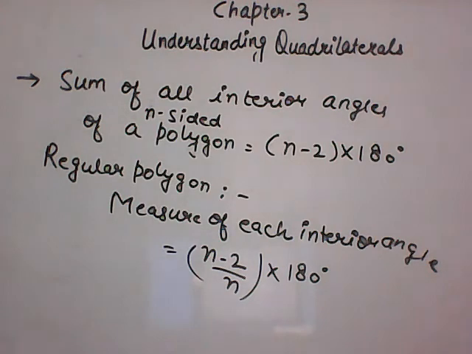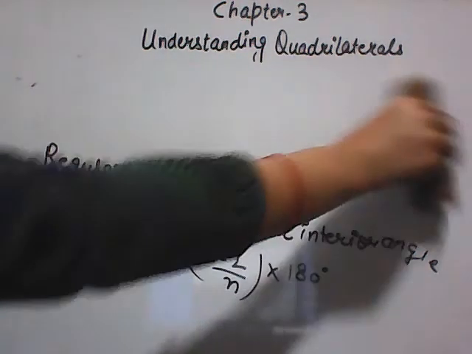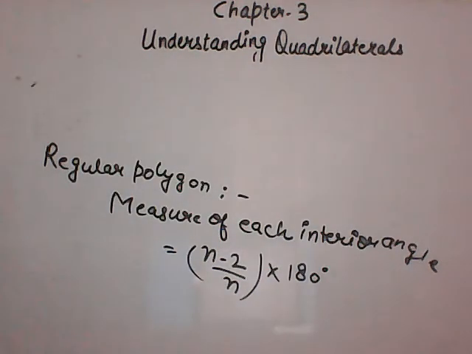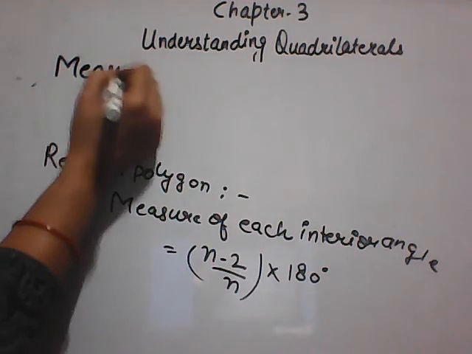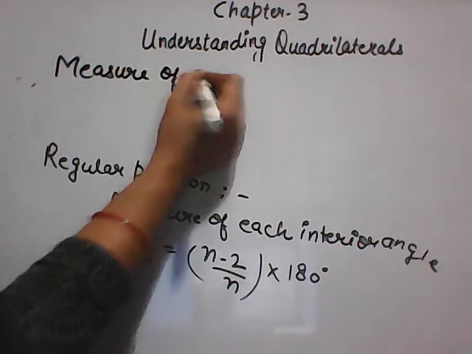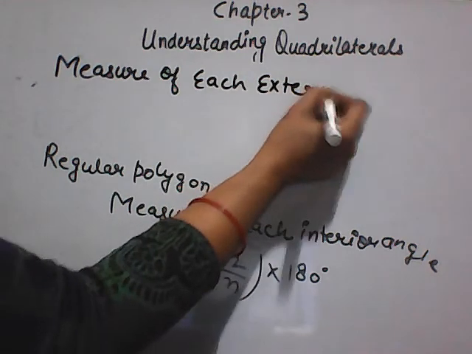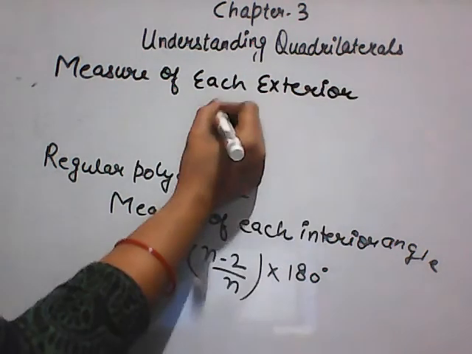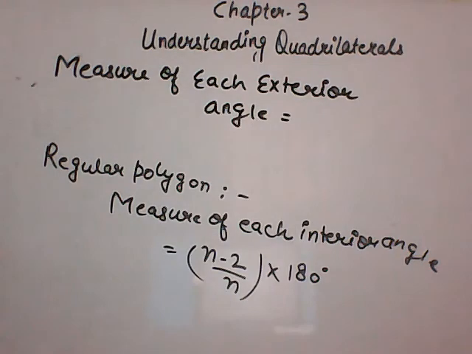We can also calculate the exterior angles. For regular polygons, the measure of each exterior angle can be calculated by using the formula 360 degrees divided by n.